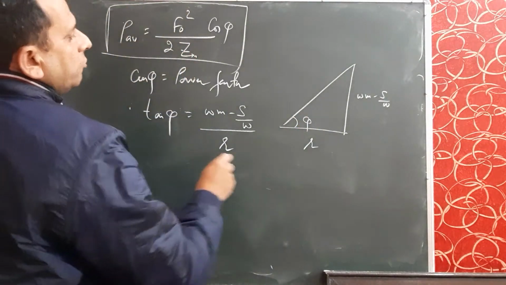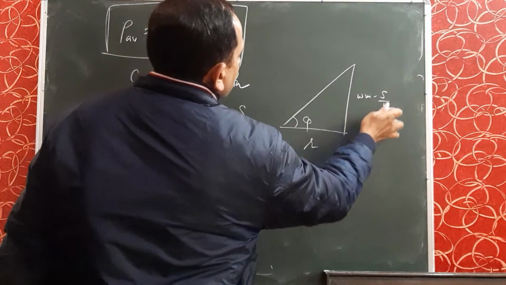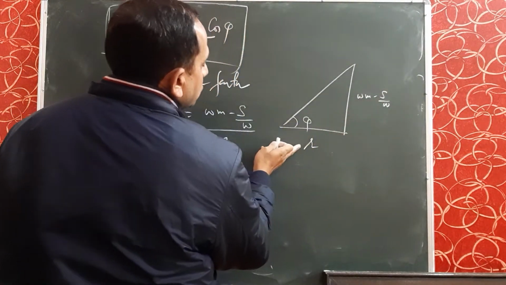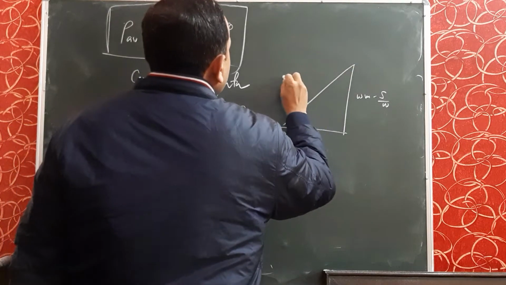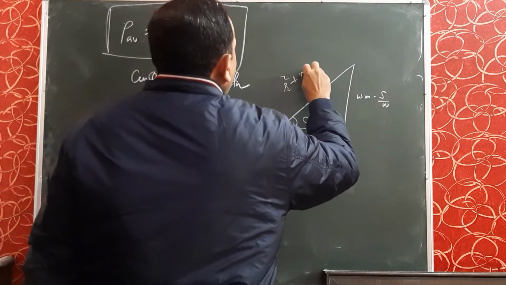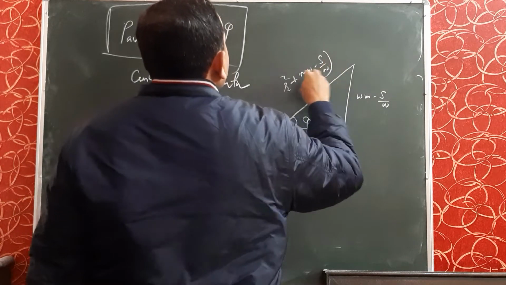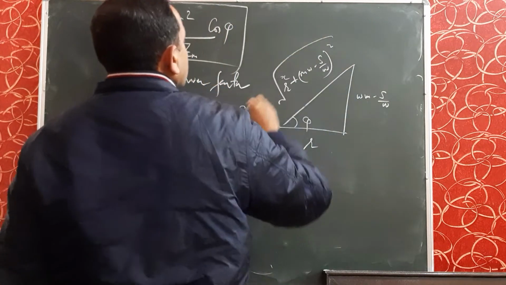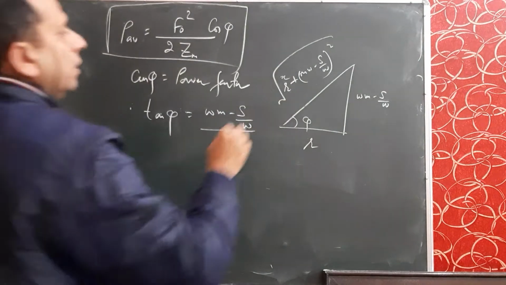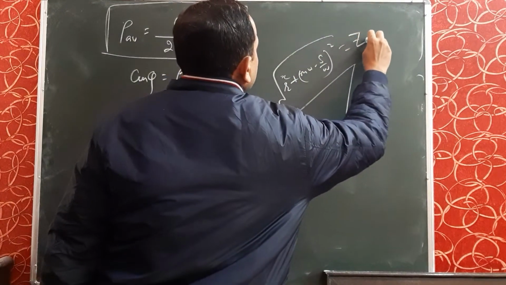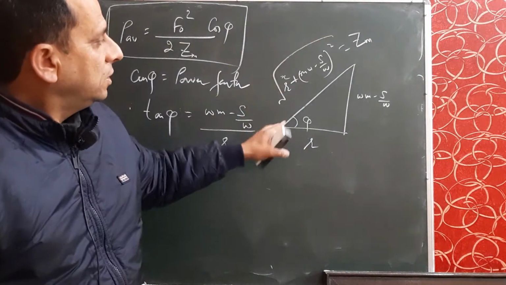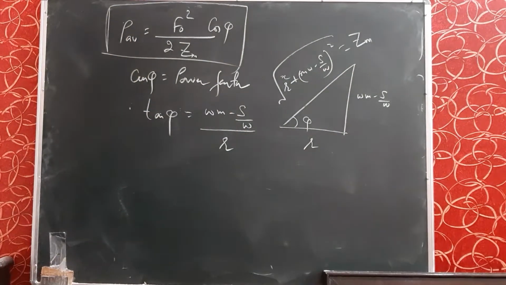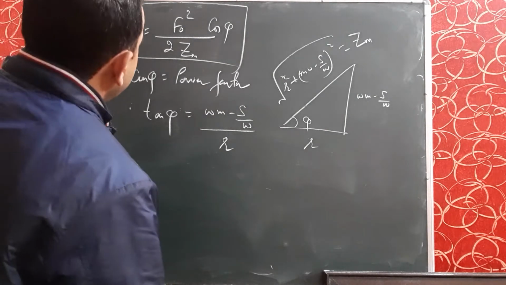Okay. If this is r, and this is omega m minus s by omega, then by using Pythagoras theorem, this hypotenuse becomes under root of r square, base square, plus (omega m minus s by omega) whole square. Okay. And you know that it is nothing but impedance Zm. This is impedance. So this triangle is called impedance triangle or right angle triangle.